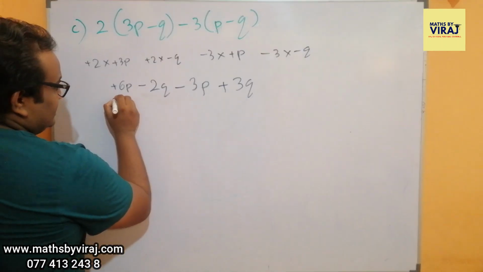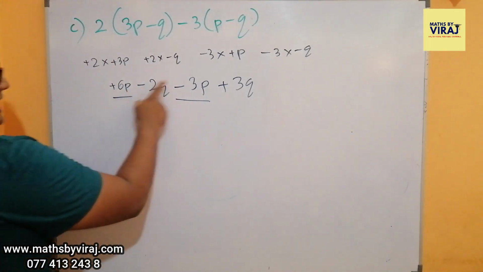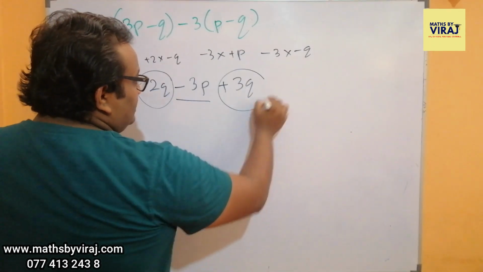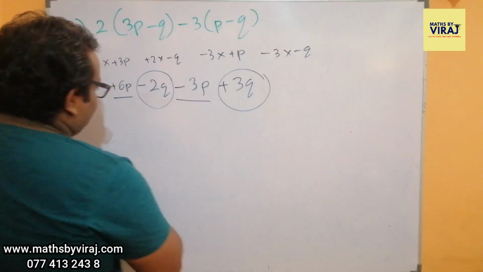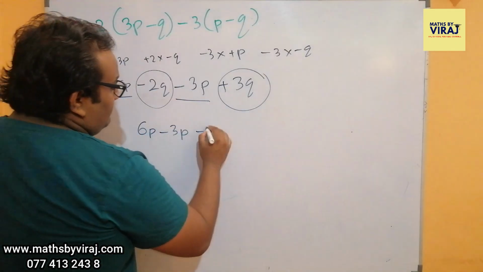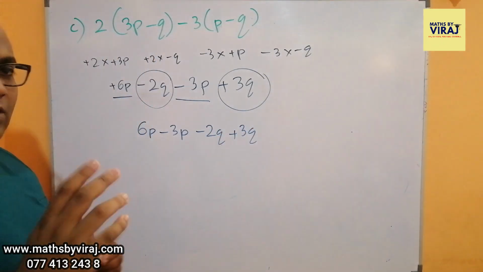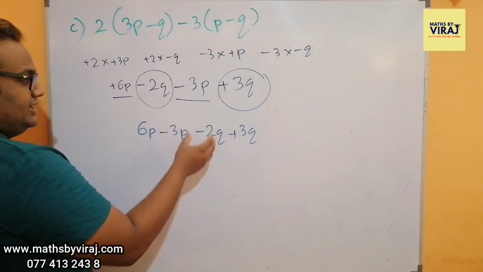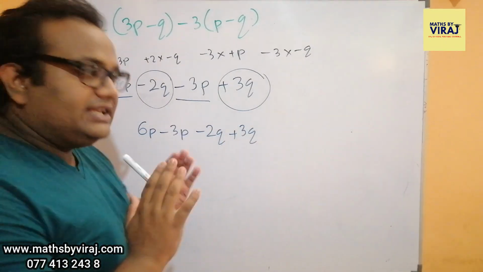For instance, 6p minus 3p, p and p, and also minus 2q and plus 3q. Therefore, we can write them together: 6p minus 3p, minus 2q plus 3q. Now don't get the wrong idea. When you change the positions within the expression, the plus signs and the minus signs do not change.